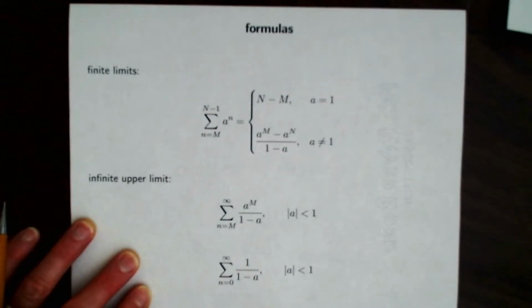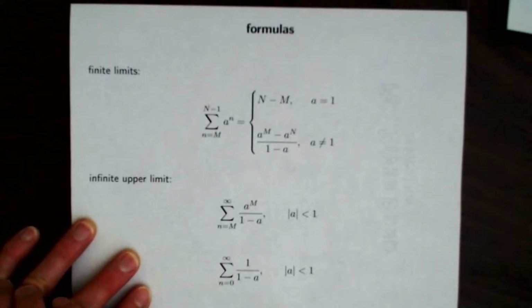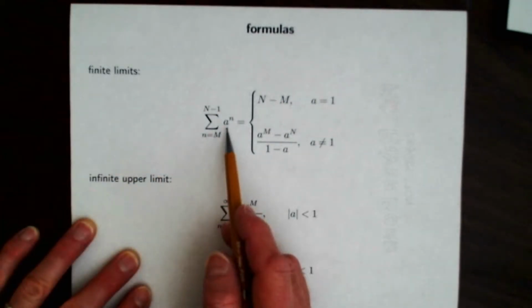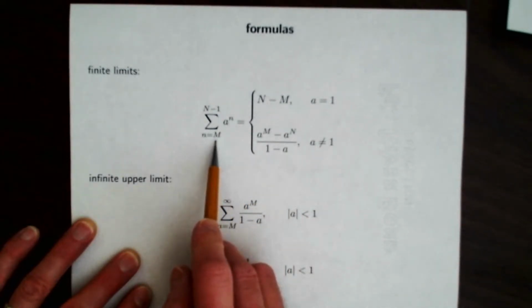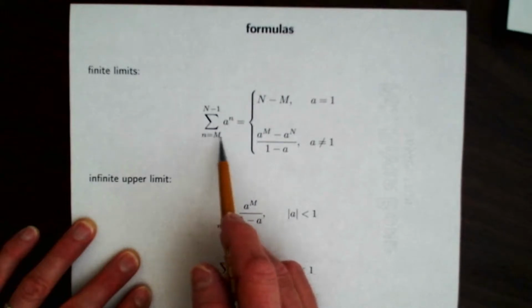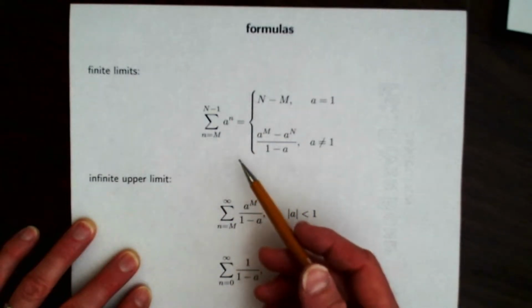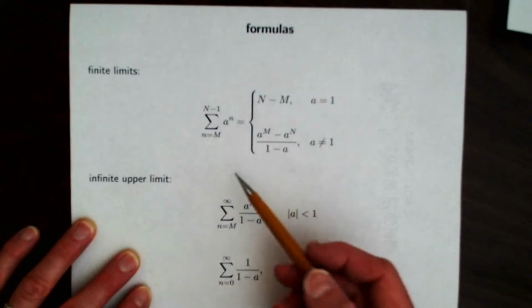One case is when a, the value of a, which could be any complex number, is equal to 1. Whenever you exponentiate 1, you still get 1, and so that's a special case. In that case, we're basically adding 1 together a bunch of times. How many times?